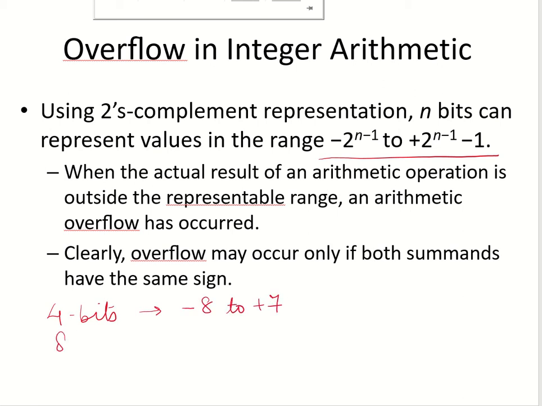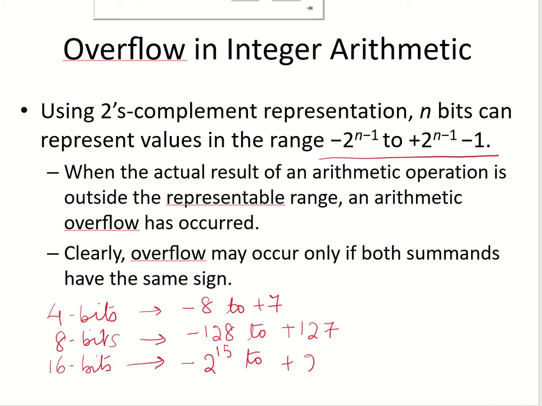If I'm using 8-bit representation, it would extend from minus 128 to plus 127. If I'm using 16 bits for representation, it would range from minus 2 to the power of 15 to plus 2 to the power of 15 minus 1. So this is the range.